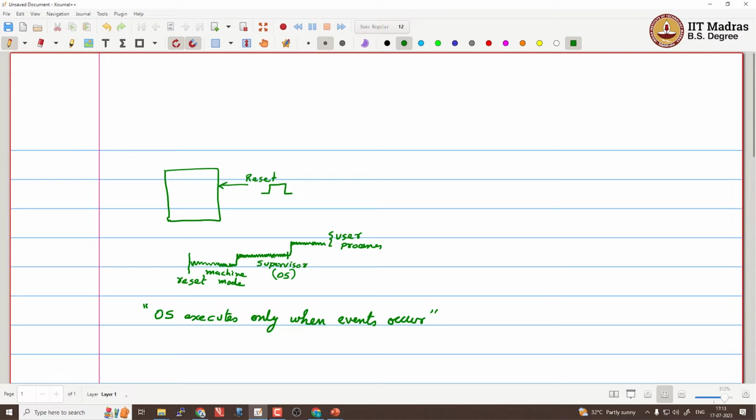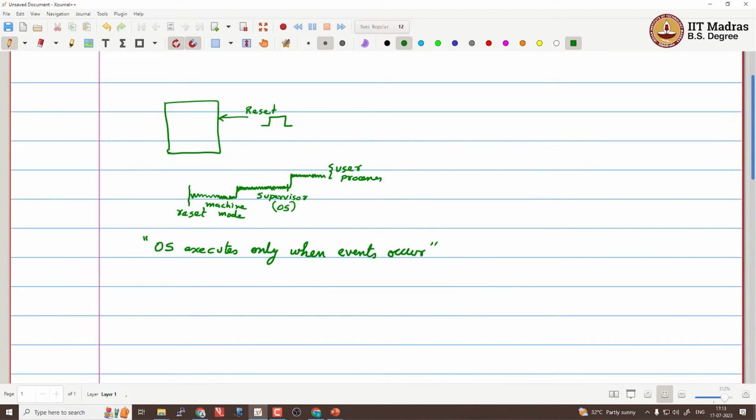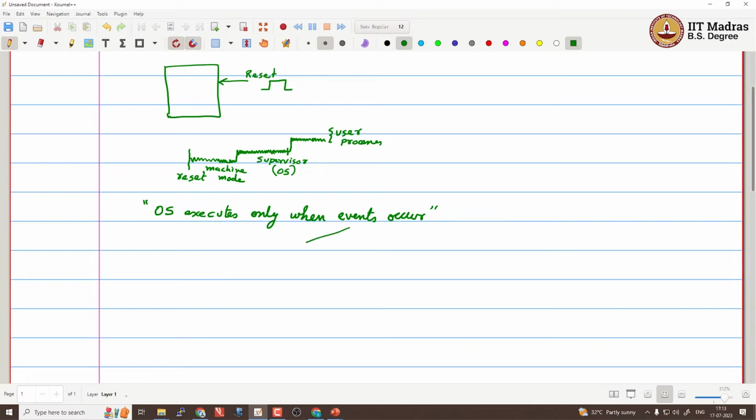These events can be of two types. They could be software events or hardware events, also called software interrupts or hardware interrupts.